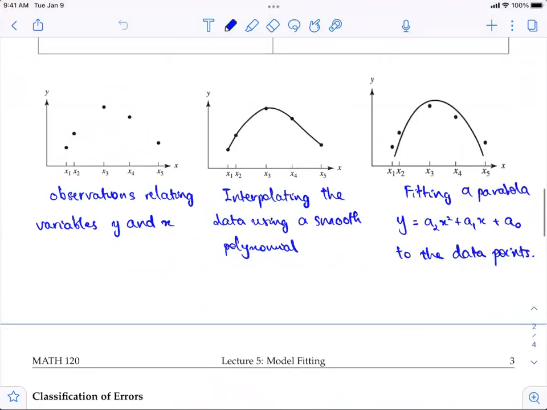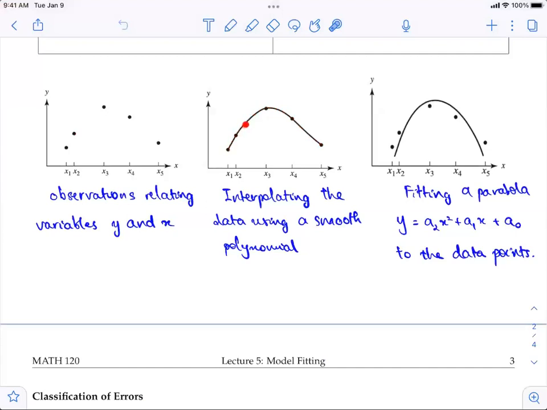So let's say you have this collection of data, okay? And this is the observations that you have, right? And again, you want to make predictions in the future. And sometimes you want to make a prediction for a data point between these two points, or between these two points, and so on and so forth. Okay, so this is the interpolating curve, right?